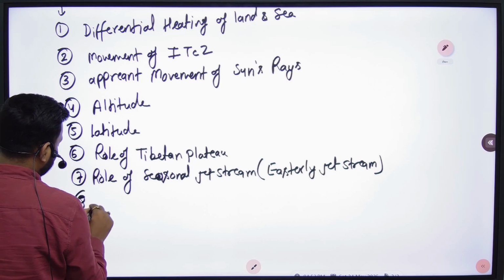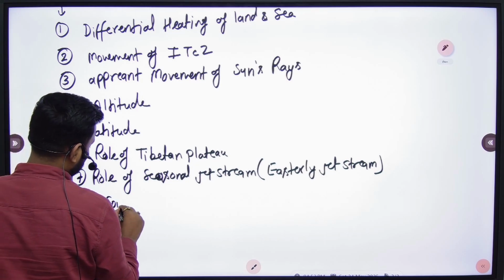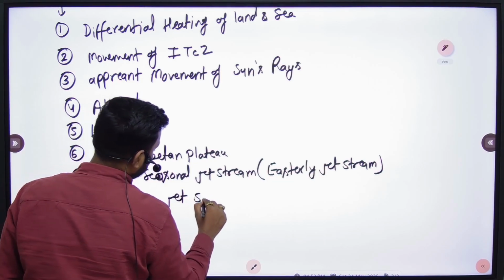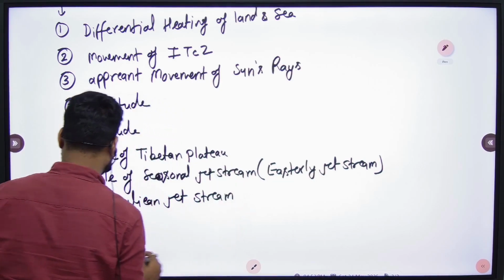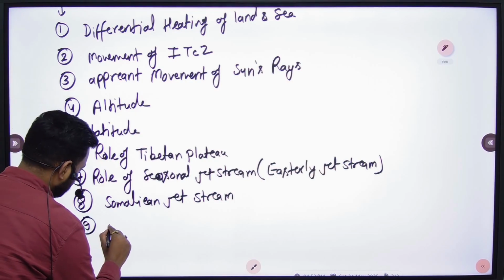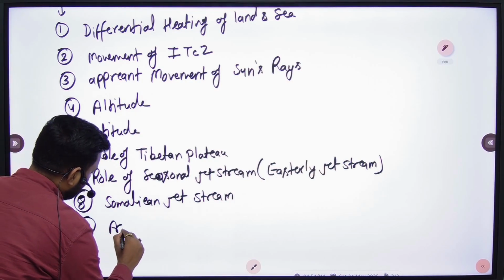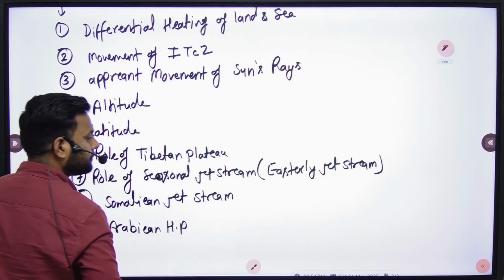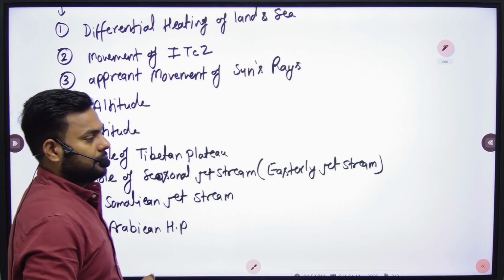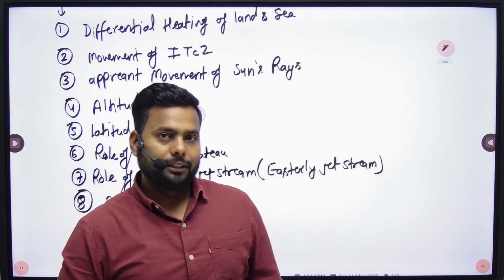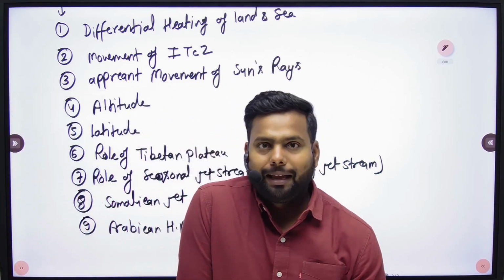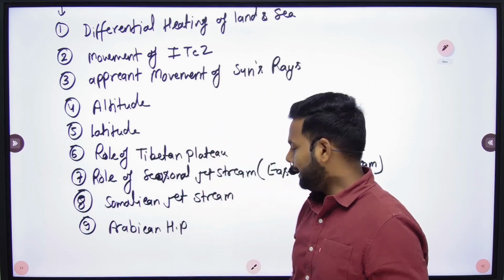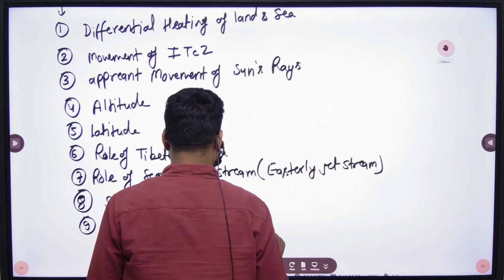And the eighth one is the Somalian jet stream. Ninth one is the Arabian high pressure. These are the responsible mechanisms which are forcing and pushing the monsoon, which brings the rainfall in India.